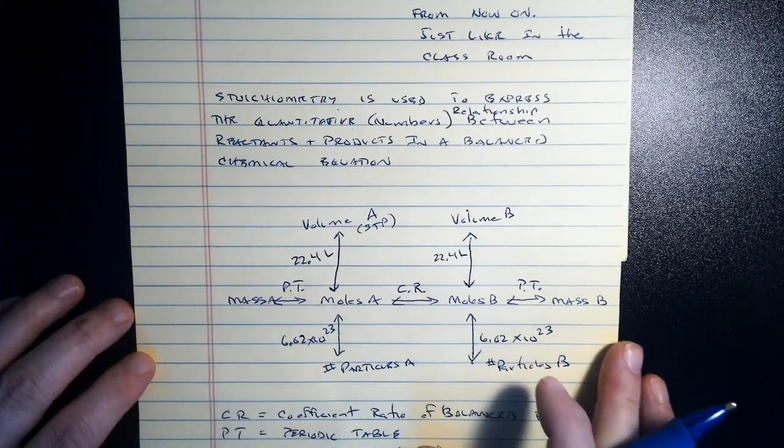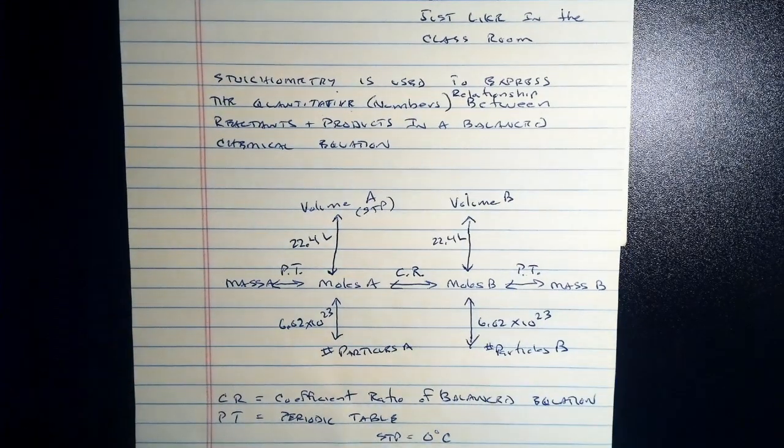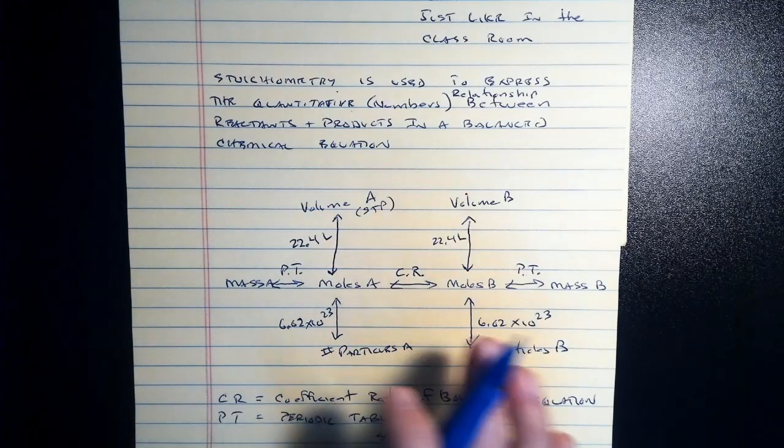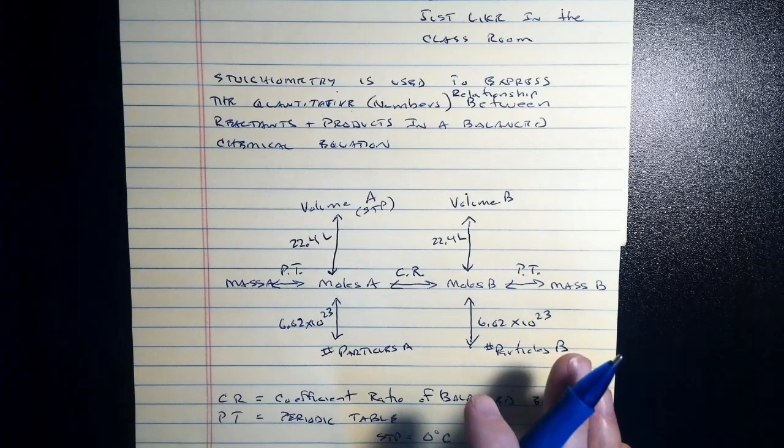Now the roadmap, and I think you guys have seen it before, it's very important when it comes to solving stoichiometry problems. And the best way to do it is to memorize it. Now it looks really complicated, but it's not.